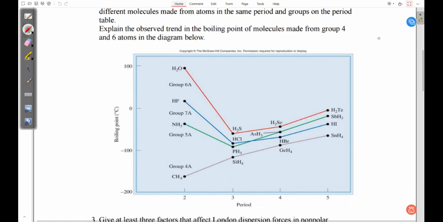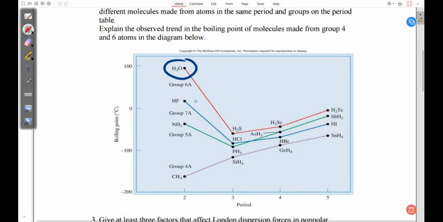Oxygen is of course on top if you go to group 6. Now the question here is, why is it that the boiling point of water is 100, and then when you go down the group as you get to sulfur it reduces, and then from sulfur going down it begins to increase again? Why is it so?